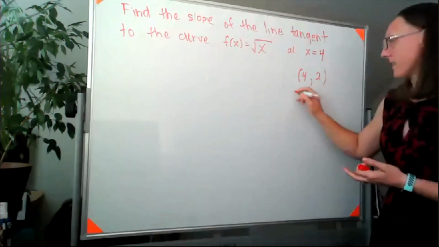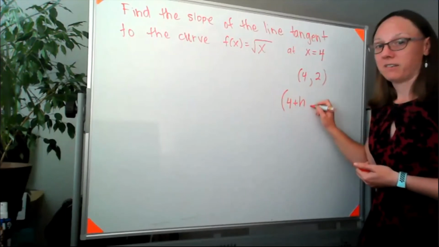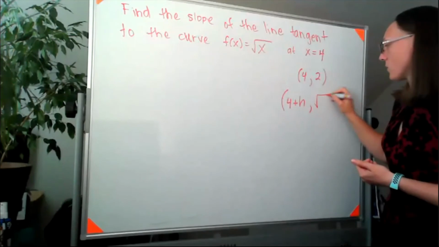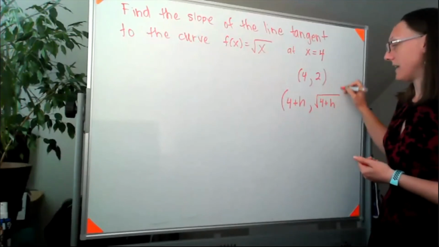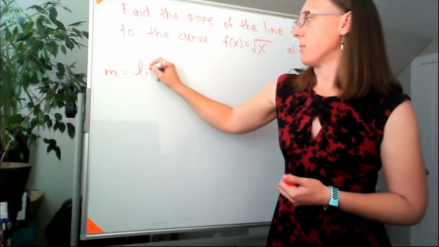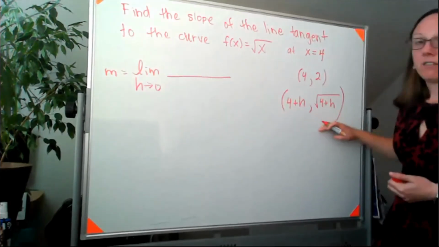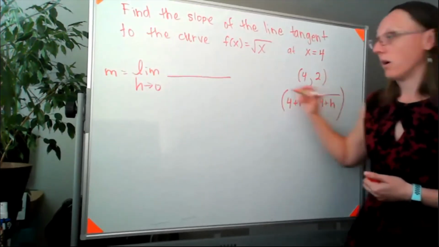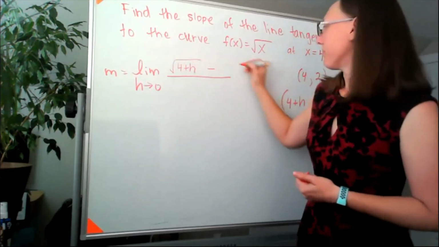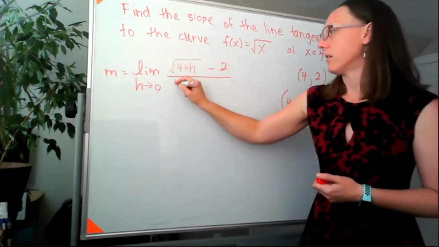That other point is going to come from 4 plus a little bit, and then plugging in that 4 plus h to the function, so square root of 4 plus h, which means our slope is going to be the limit as h approaches 0 of my y2 minus y1 over x2 minus x1.